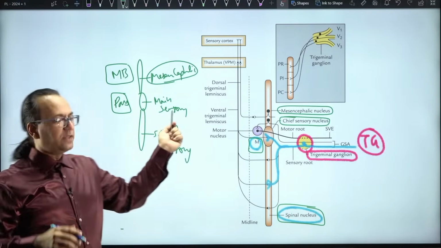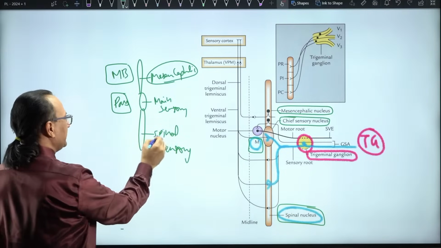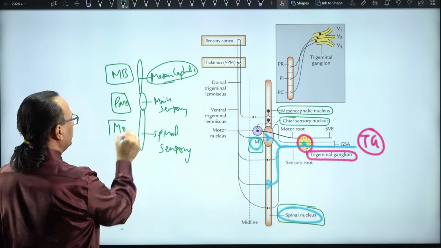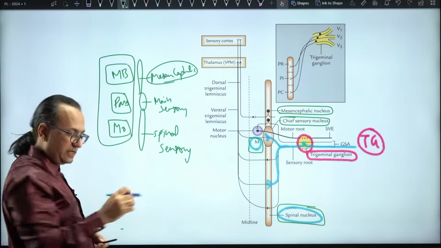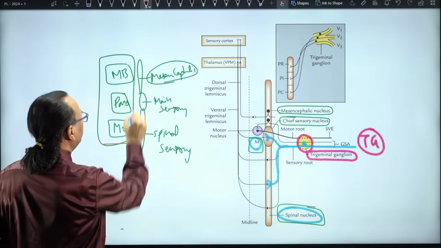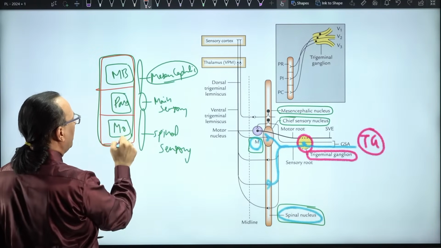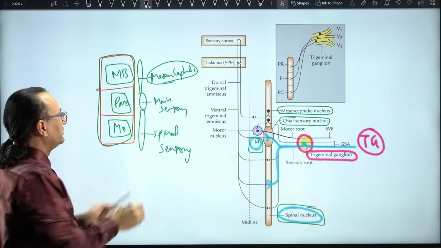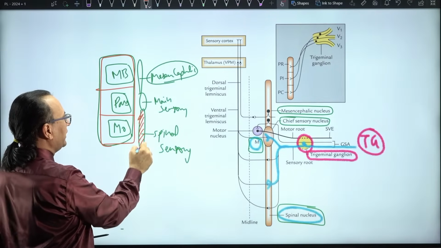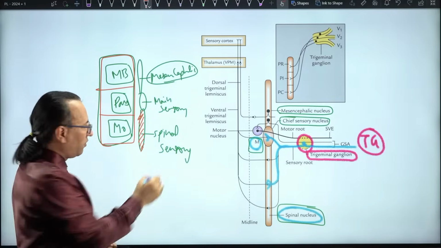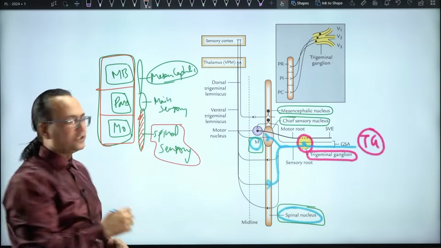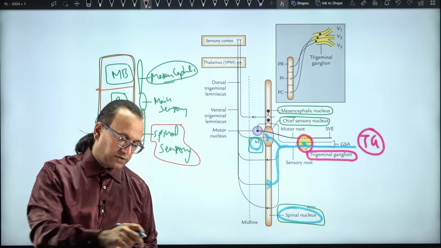In the pons we have the main sensory, and the spinal sensory is in the medulla oblongata, which is part of the brainstem. So in the brainstem we will have the midbrain, the pons and the medulla oblongata, but the spinal sensory not only is in the medulla oblongata, it is also entering the spinal cord, hence it is also called spinal sensory. So which kind of sensations do they receive? That was the question.